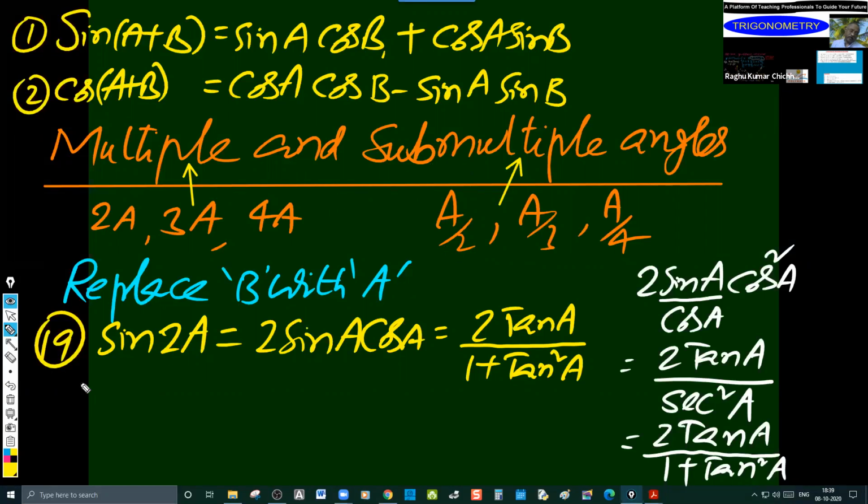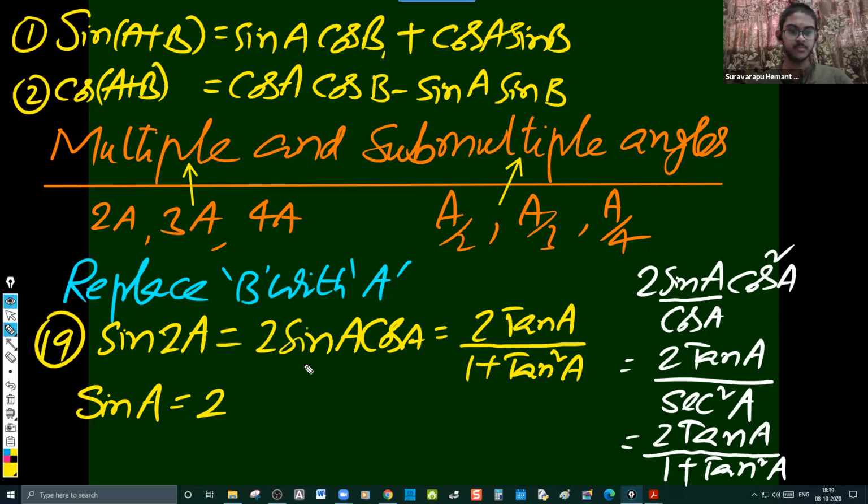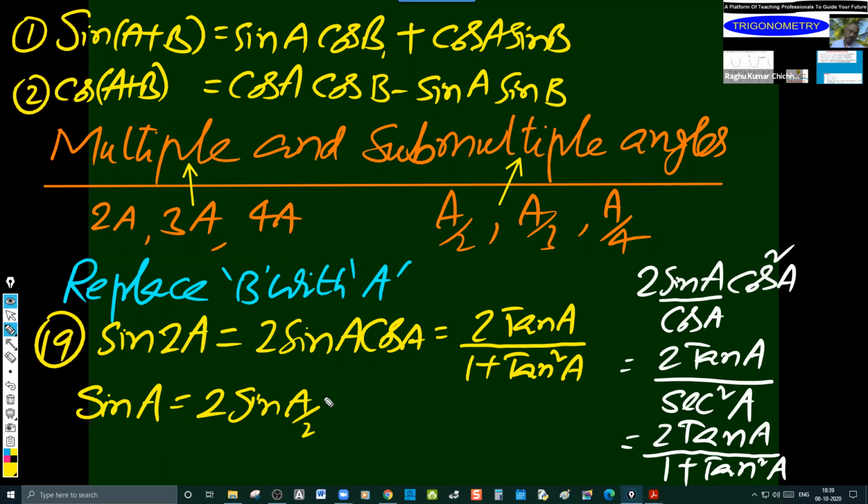If you want to get submultiple, very simple: replace 2A with A. Then, if I'm replacing 2A with A, what is the replacement of A? A by 2. That's good. It is done. It has become submultiple. Just see that.